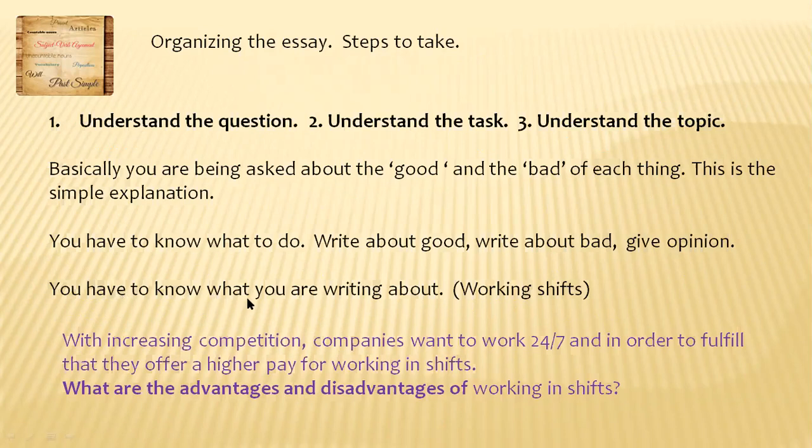You also have to know what you're writing about. We're writing about working shifts. I've chosen this, so we're going to talk about what the advantages and disadvantages are in shift working, working in shifts.